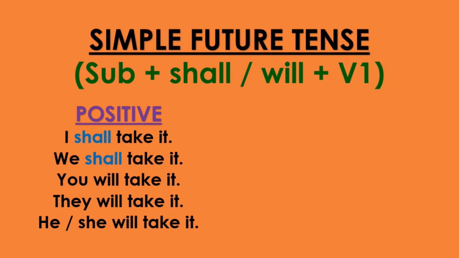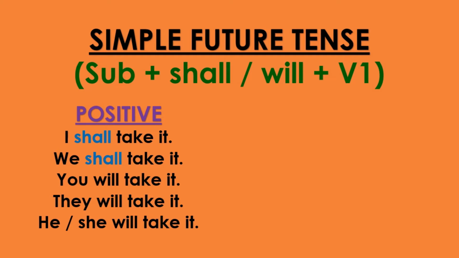Therefore, in case of second person singular or plural, the sentence is you will take it. In case of third person plural number, it is they will take it. And finally, in case of third person singular number, it is again he or she will take it. So this is how we construct a sentence in simple future tense.